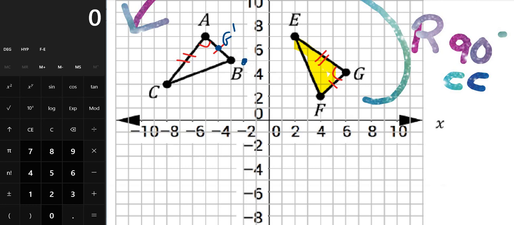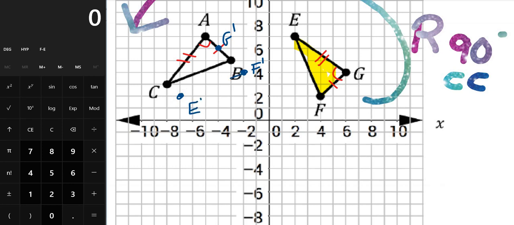It says F prime. Oh, sorry, not there. I need to fix that. Negative 2, 4. It's right here. And lastly, E prime. E prime is at negative 7, positive 2. E prime. There we go.